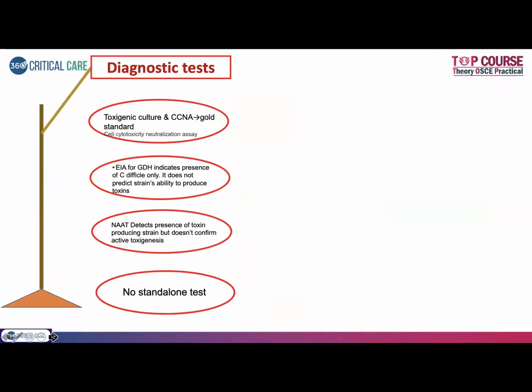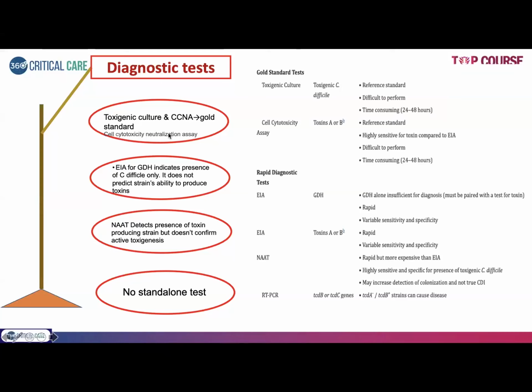So how do you diagnose C. diff infection? The main gold standard is culture, so toxigenic culture and cell cytotoxicity neutralization assay. These two are the main tests that can be done. But what is the disadvantage?